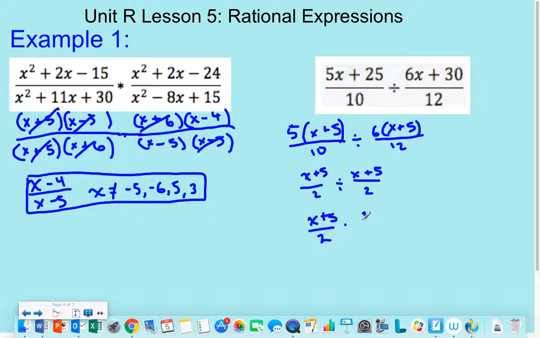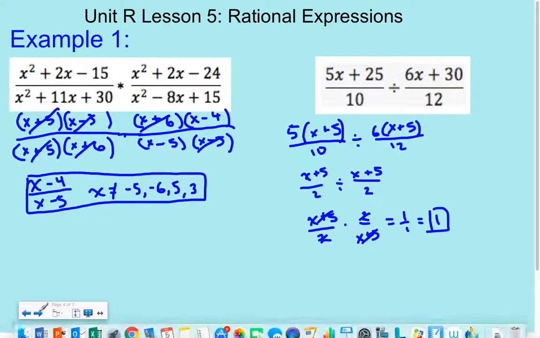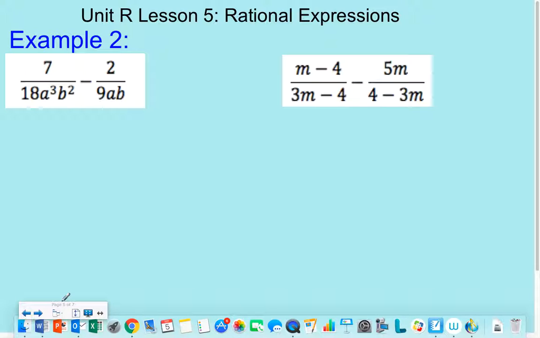So we're going to say 2 over x plus 5. And hey, what do you know? Things start canceling out. And it's not that this equals 0 now, it's that you essentially have 1 over 1, which is equal to 1. And we're done.